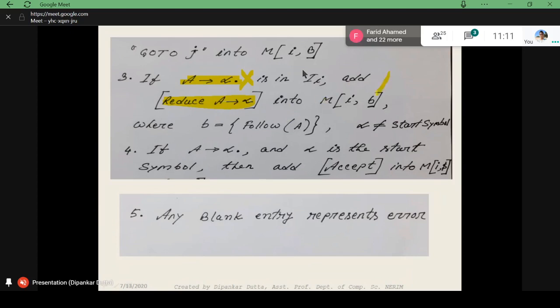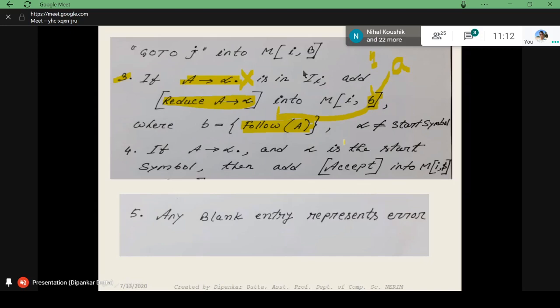Where? Into M of Ii, b. Previously, in rule number 1, it was a. Now in rule number 3, a is replaced by b. So what is b? Interesting. b is equal to follow of A. Remember this b's definition.